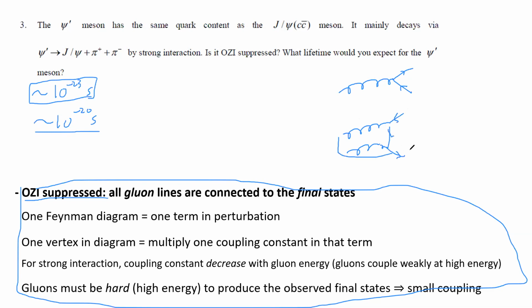Because in this case, there's an intermediate state which can share the energy with the gluons. But in this case, the gluon has to provide the energy all by itself. So in this case, the gluon energy will be high.